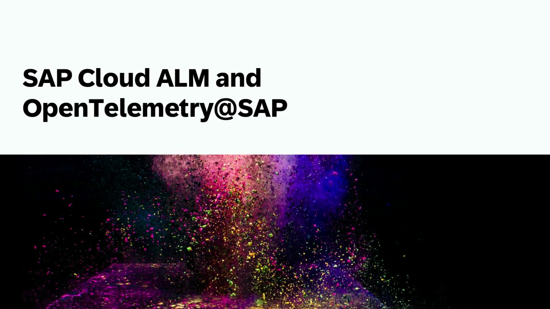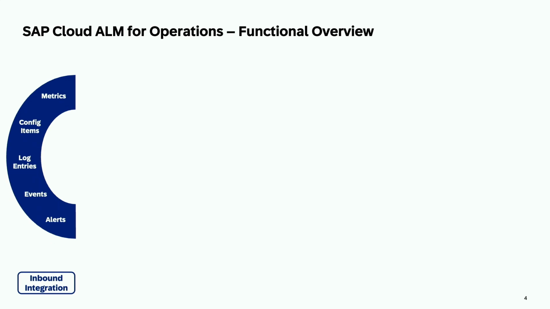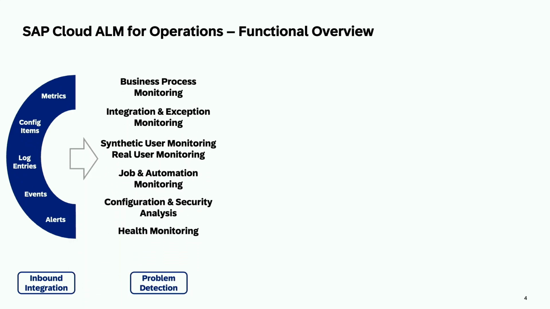So let's start. I assume this slide is relatively well known. Just as a reminder, we are consuming different signal types from managed entities. We assign them to the different monitoring use cases. We also open up to receive events and alerts from third-party monitoring tools or event management tools, and do the same here.